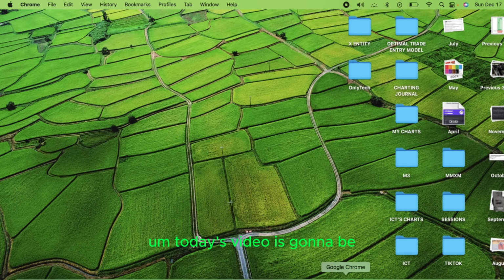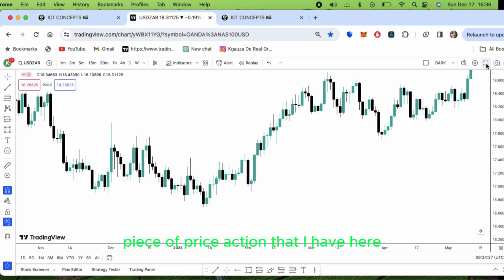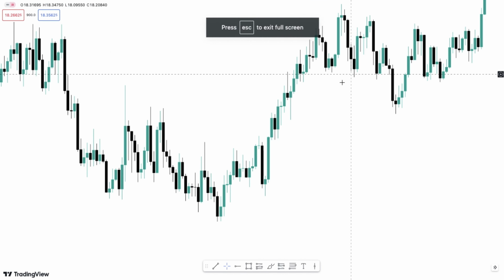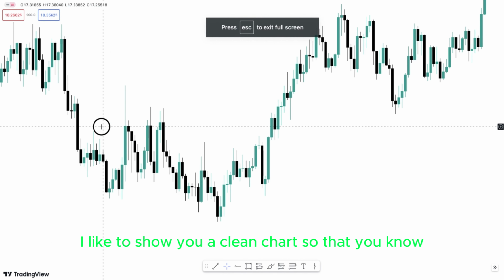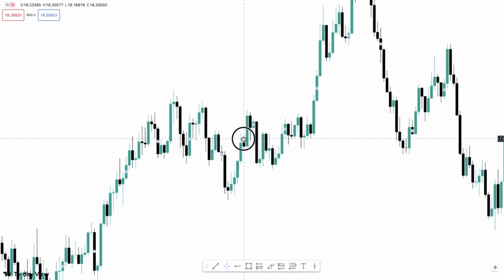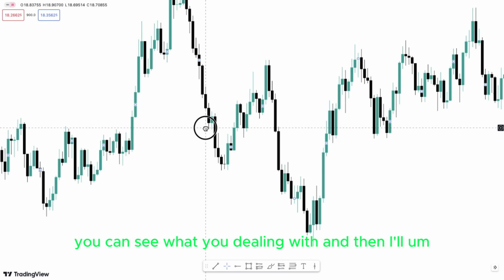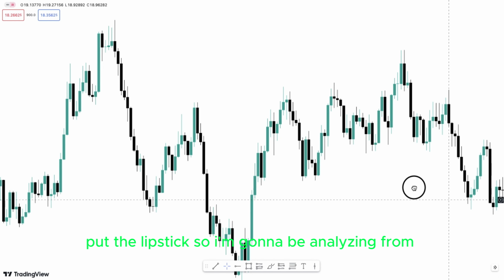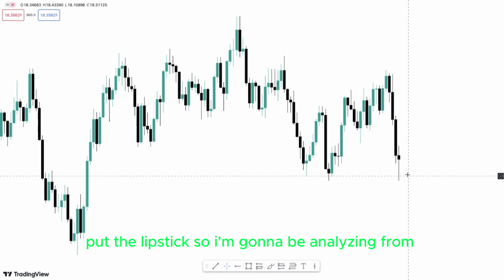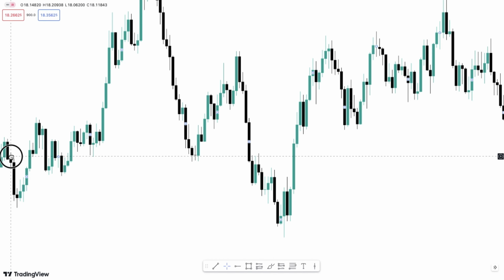Today's video, I'm going to be reviewing this piece of price action that I have here. Obviously, before I begin, I'd like to show you the raw chart so that you can see what you're dealing with, and then I'll put the lipstick on. I'm going to be analyzing from this last candle day going back.